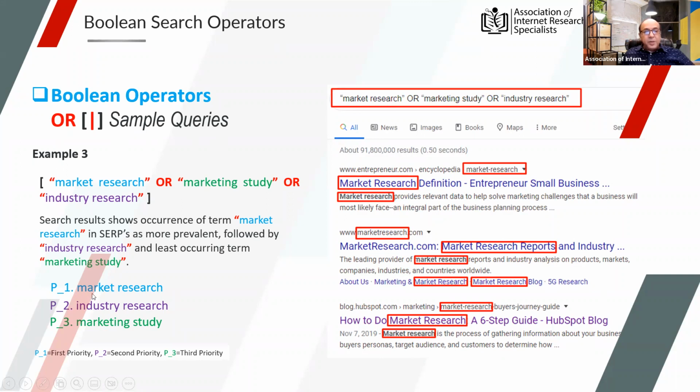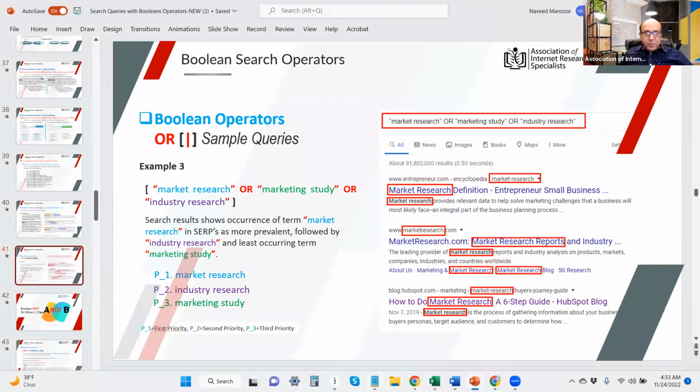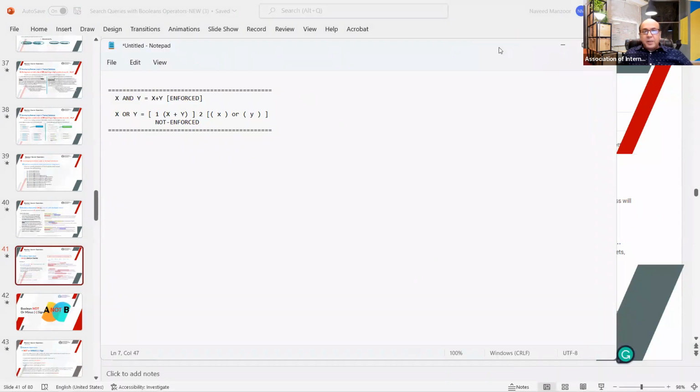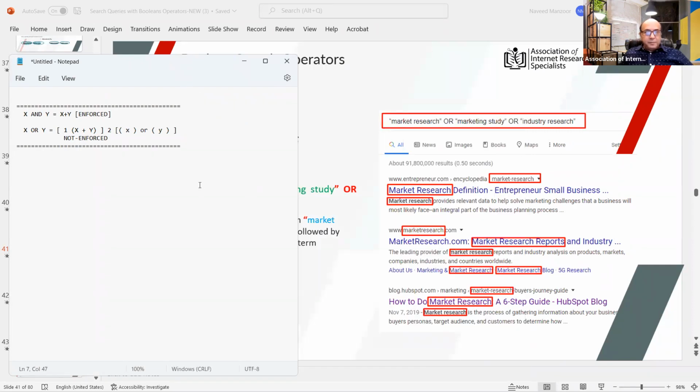The priority with which these individual terms are more popular is going to start to show up. If I had to make a decision based on what got returned, I would probably fine-tune my query.